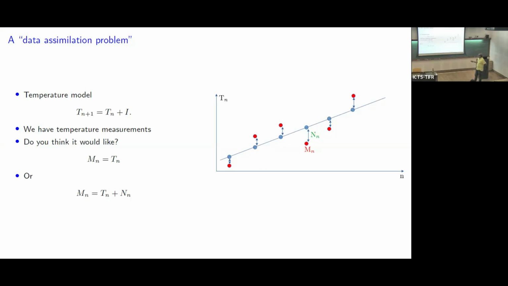Let us think about these Mn's as the measurement of temperature that we have on day n. Do you think the measurements will be like this? Will Mn be equal to Tn? Maybe if we discard the observations. No, you need observations to find out what I is.